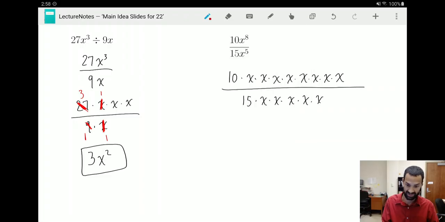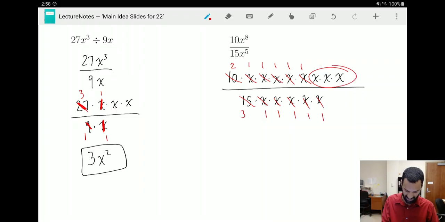Let's divide them, it's all written as factors. So 10 over 15 is 2 over 3. They're both divisible by 5, so I divided it out. And then these two divide out and give me some 1s. These two divide out and give me some 1s. I'm just going to keep going until I run out of x's.